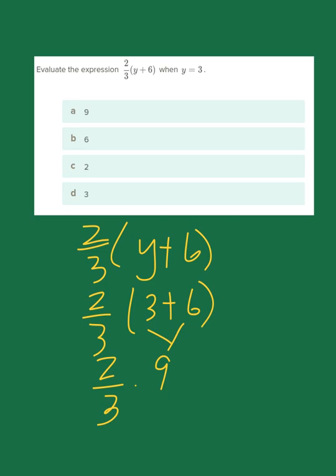Well, this is what I would do. I would go 2 times 9, which is 18, and then divide that by 3. So 18 divided by 3 is 6. So the answer there would be B.